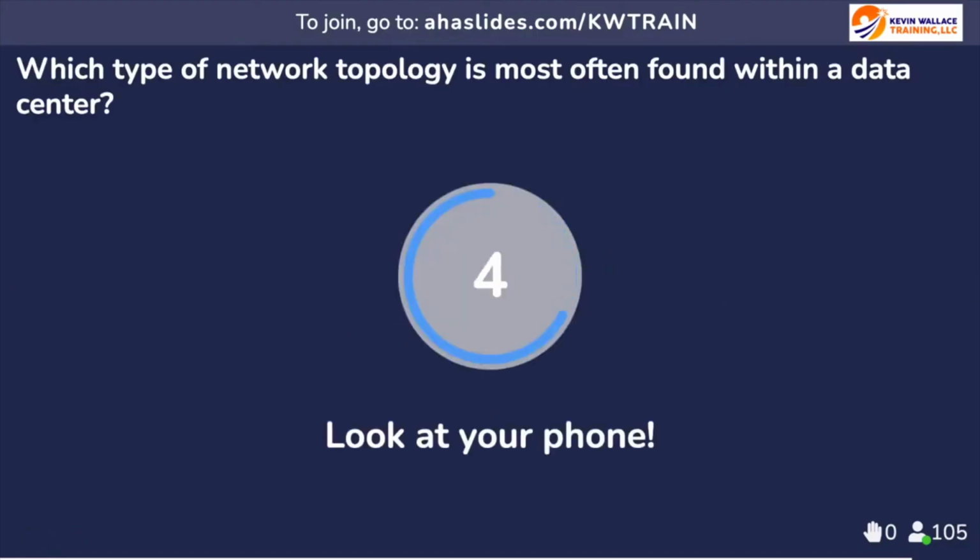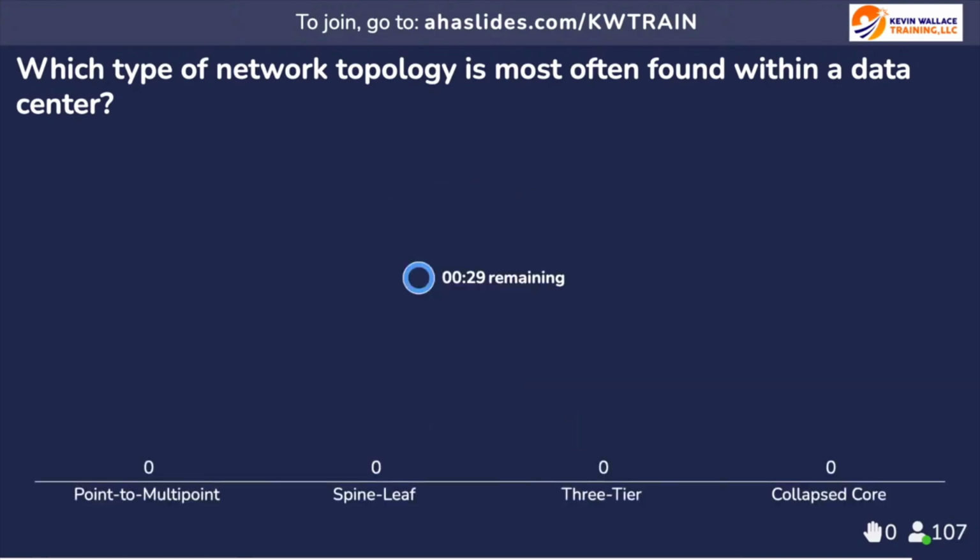Which type of network topology is most often found within a data center? Point to multipoint, spine leaf, three-tier, or collapsed core?